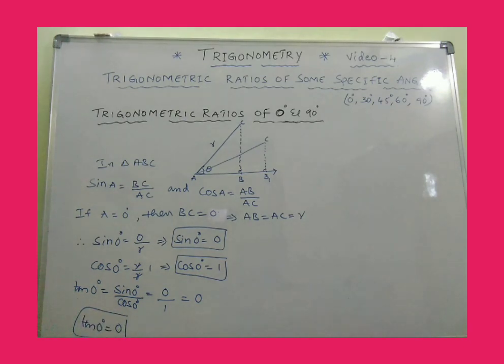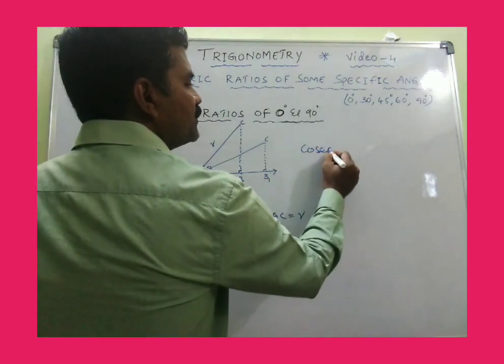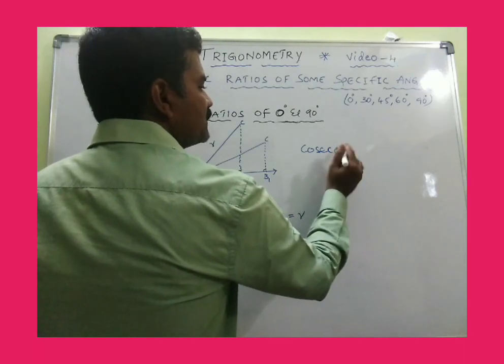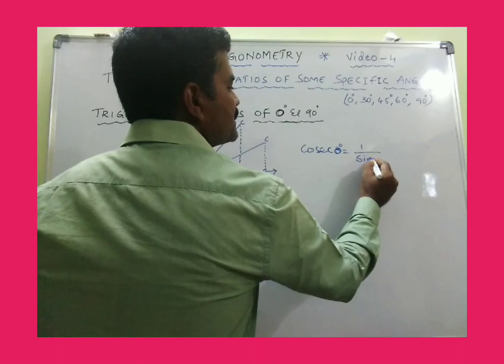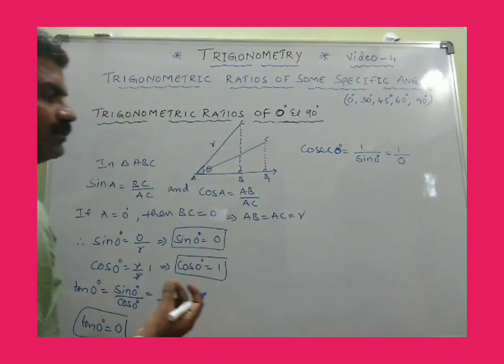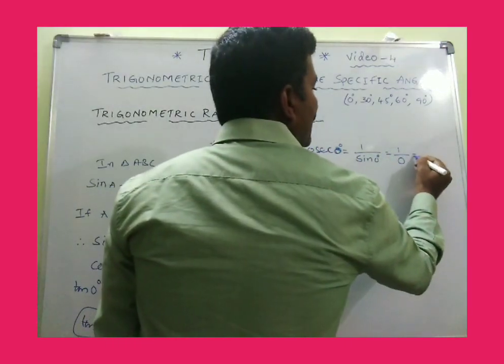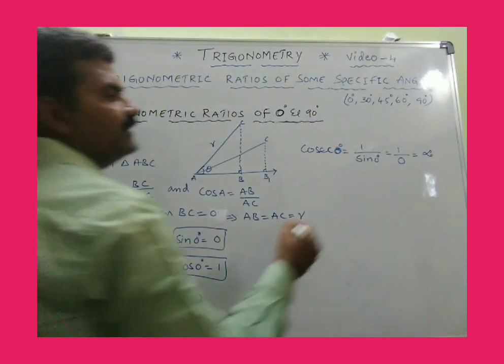Okay, now let us find cosecant 0 degrees. I can say that it is 1 by sin 0 degrees, which is 1 by 0. So 1 by 0 is undefined, which I can write as infinity.